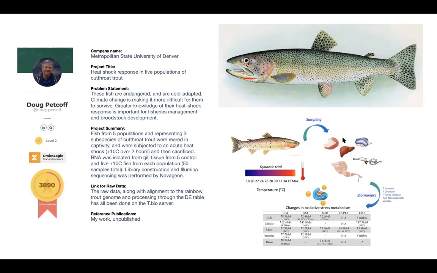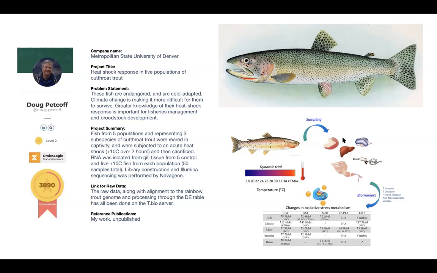Since it's a sister species, we can map onto that. It's important to have that genome because these have been through two more genome doublings versus mammals. So it's a very, very different complex genome.